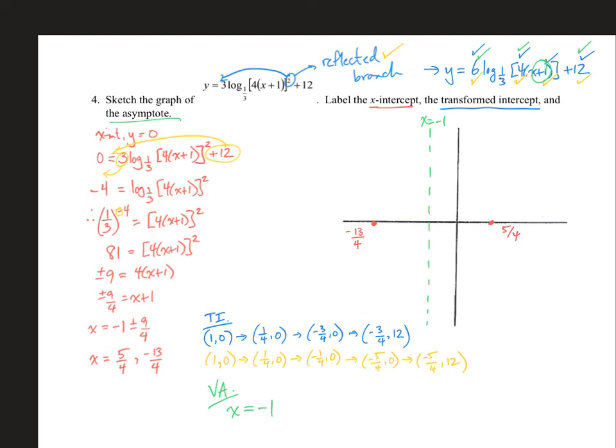I also have two transformed intercepts. So I'm going to have one that's going to be at -3/4, so like just a little bit to the right of -1 and up 12, maybe here. And a -5/4.